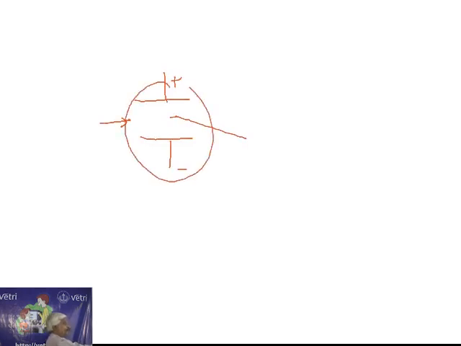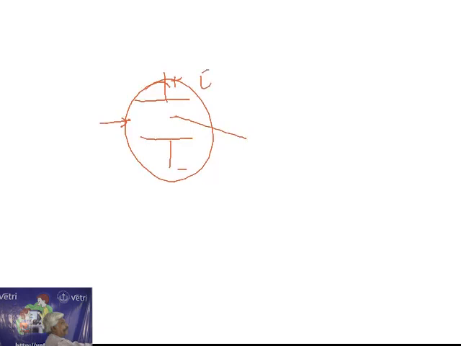If I take two metal plates, one given positive and the other negative, we are applying the electric field, so that deflection is there. I apply a magnetic field perpendicular to the electric field.